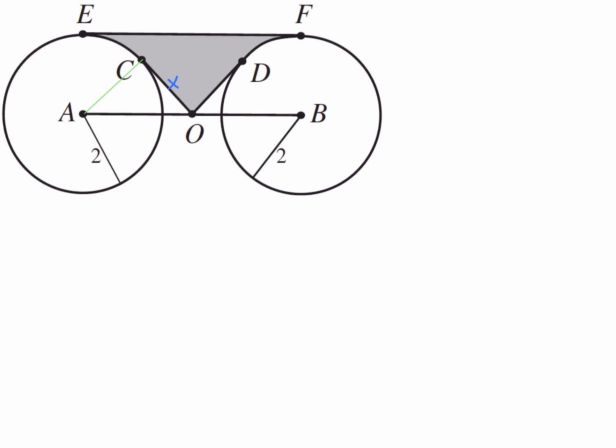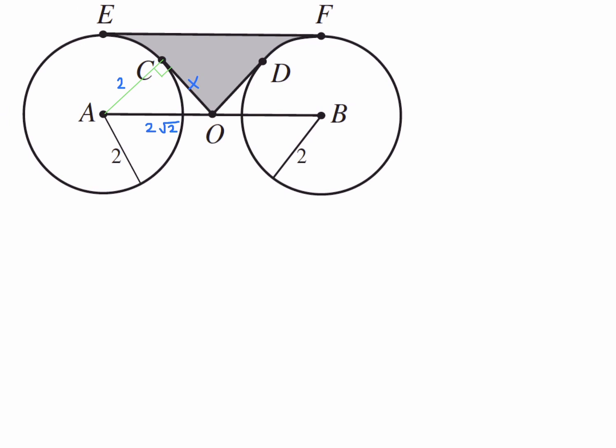So that means that A to C is 2. They also tell me that OA, that segment, is 2 root 2. So I can label that. And they tell me that this line OC is a tangent to the circle. Therefore, that angle is 90 degrees.